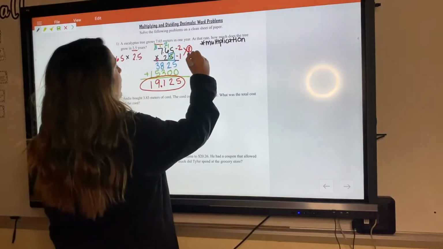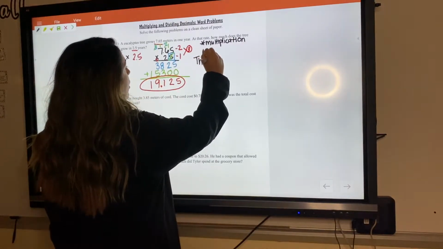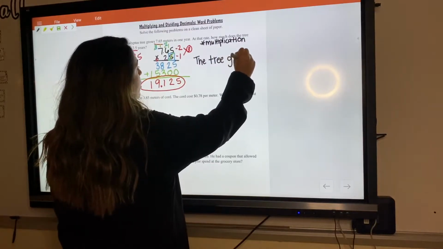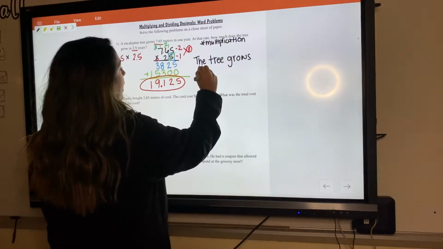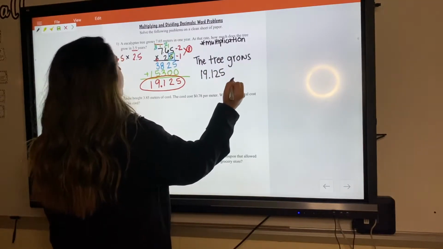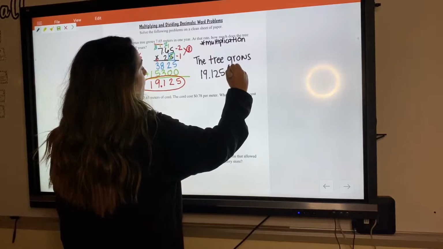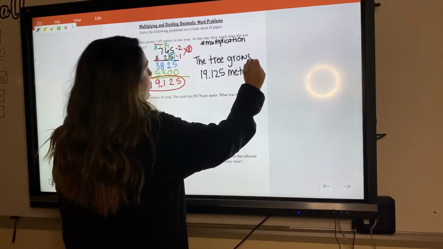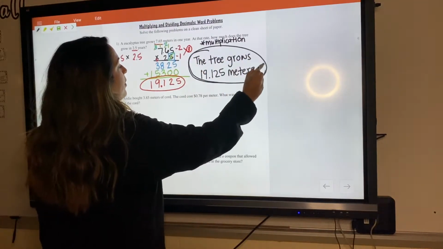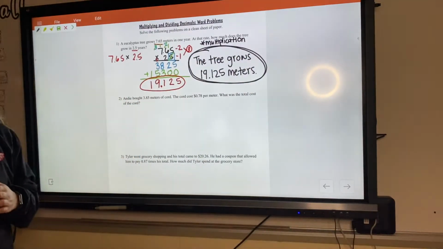You can say the tree grows 19.125 meters. That's simple. And this is your statement or sentence.